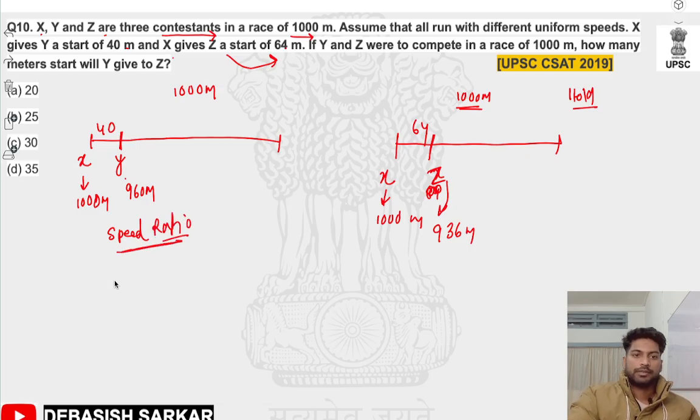They are taking 1 hour. So the speed ratio of x and y: speed means what? Distance by time. Just assume they are taking 1 hour. So 1000 by 1 is 1000, and 960 by 1 is 960. So the speeds are 1000 and 960. Here is the speed ratio for x and z.